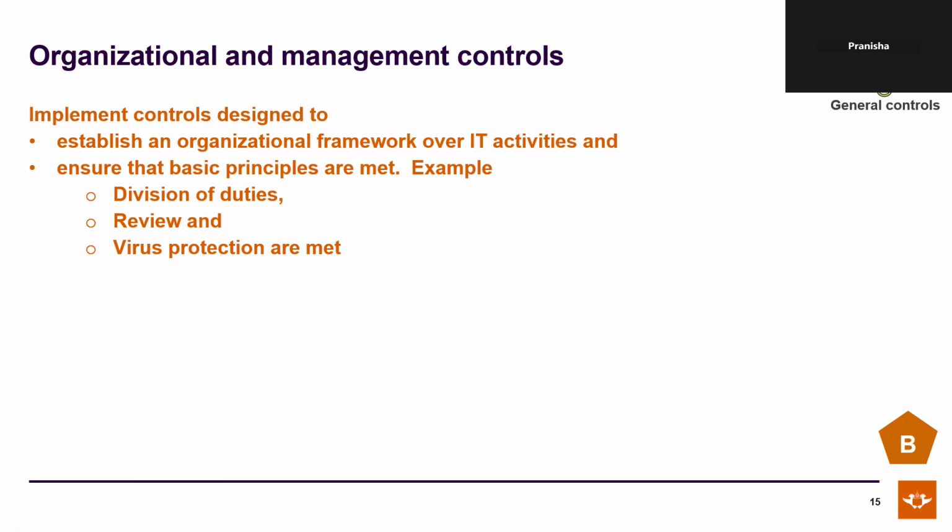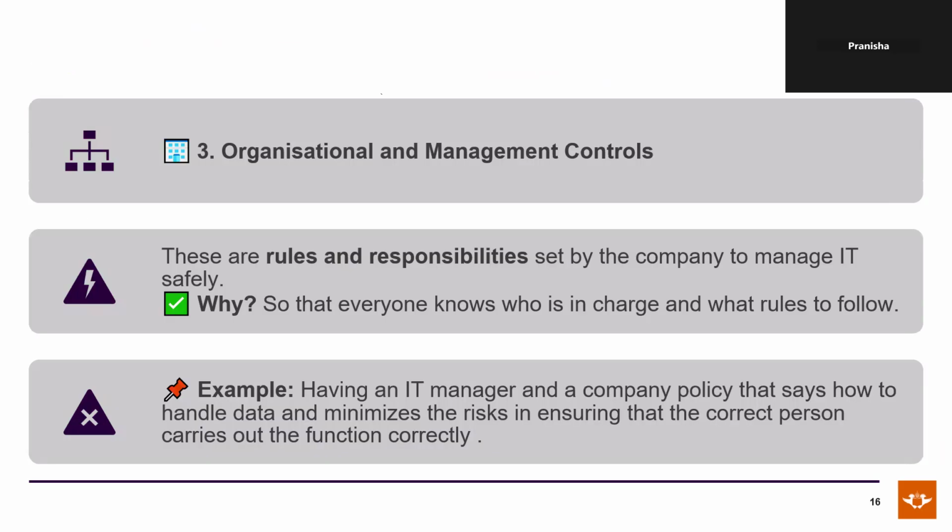We need to make sure that the right people are doing their jobs and that, for example, they have the right skills and the right knowledge. There's a strict division of duties, also ensuring that these objectives are met within a particular organization.